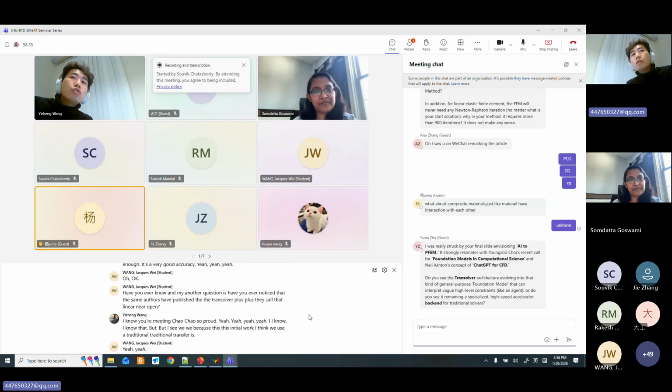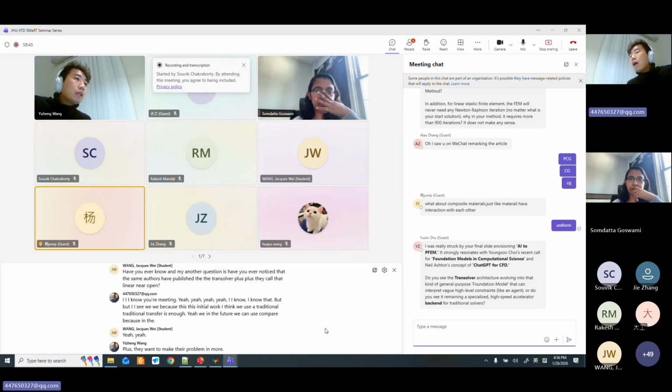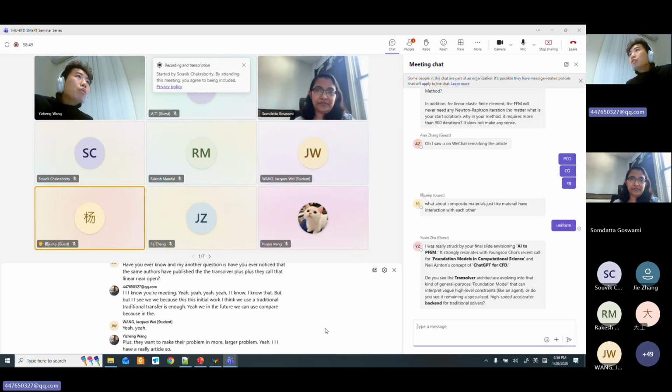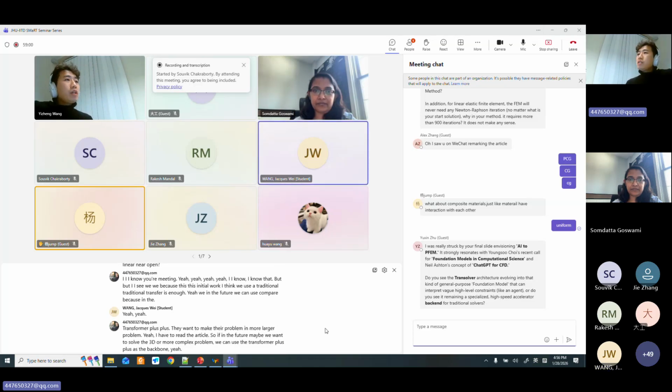In the future we can compare, because Transolver plus plus is meant for much larger problems. If in the future we want to solve 3D or more complex problems, we can use Transolver plus plus as the backbone. The framework is the same. We only change the backbone.